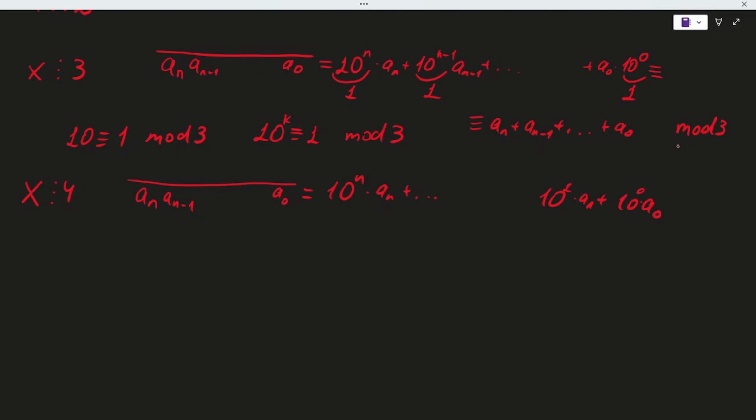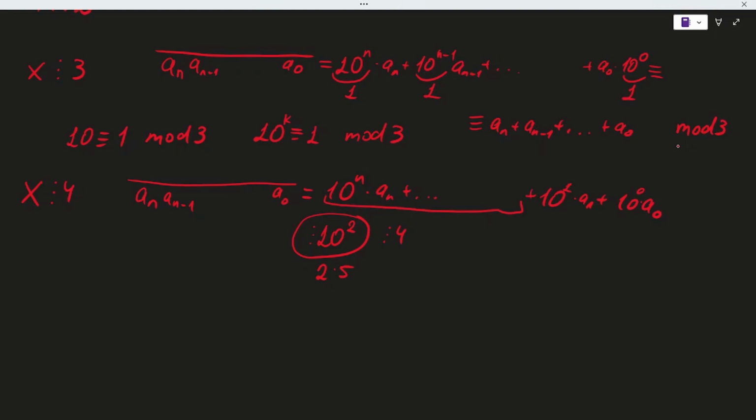And all other terms will be divisible by at least 10 squared. As we know, a number divisible by 10 squared is also divisible by 4, because 10 can be represented as 2 times 5. So it doesn't matter what numbers are written before the last two terms, because they are always multiples of 4.